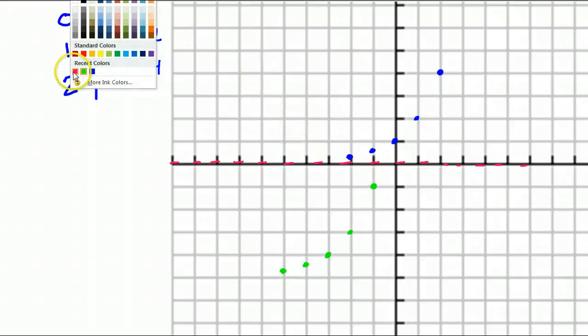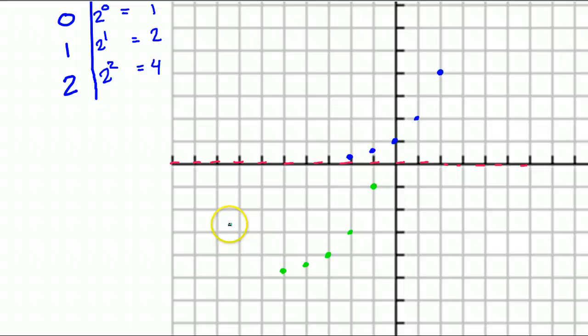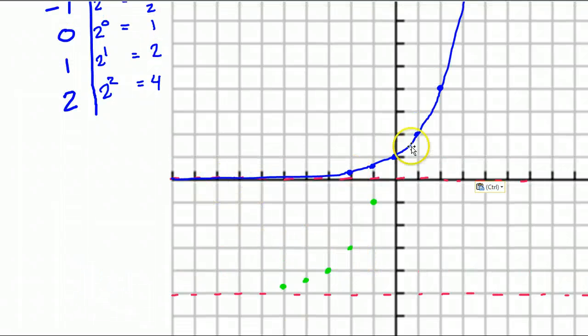And obviously the asymptote will also be down 5 with that shift, so it's going to be right about here. So all we have to do now is draw those curves. So there's your parent function, and there's your transformation.